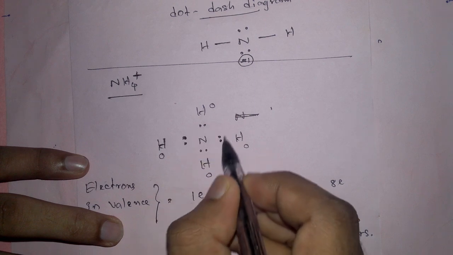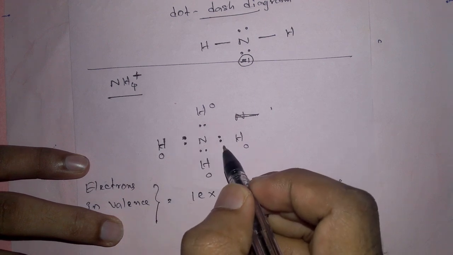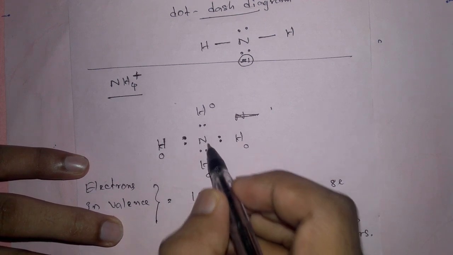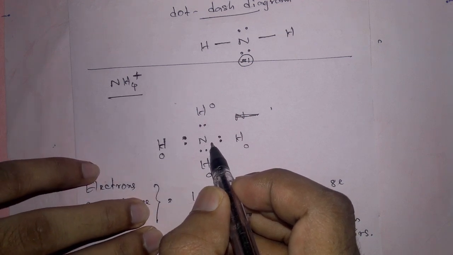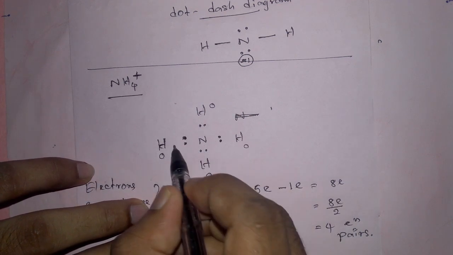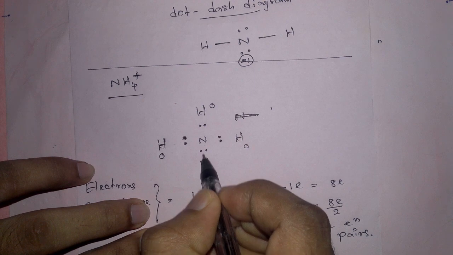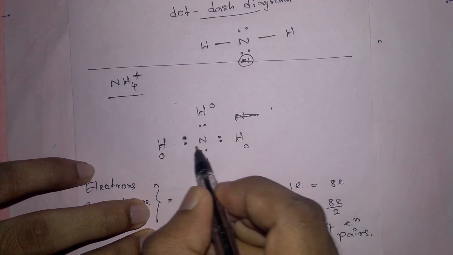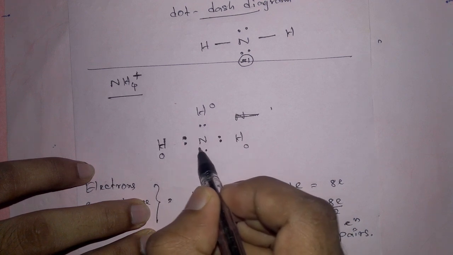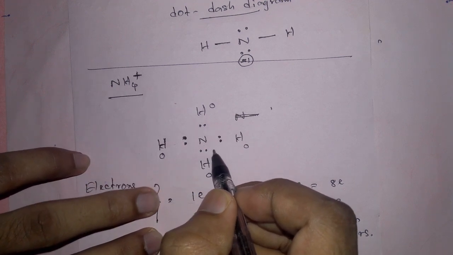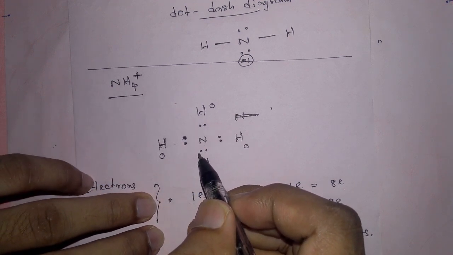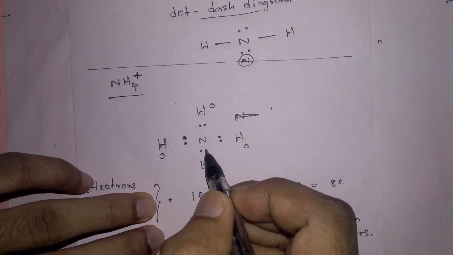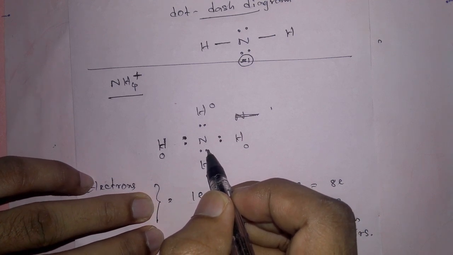And calculate the formal charge of nitrogen like this. Nitrogen gains 1 electron from this bond, 1 electron from this bond, 1 electron from this bond, 1 electron from this bond, and there are 4 electrons in its valence shell. And we know nitrogen has 5 electrons in its valence shell before formation of bonds.